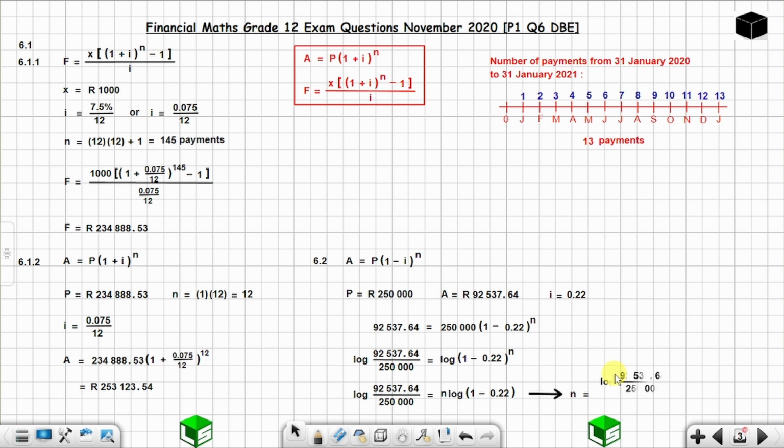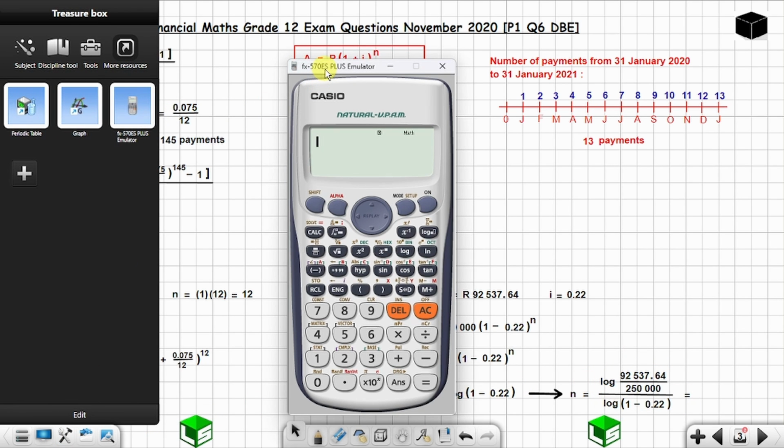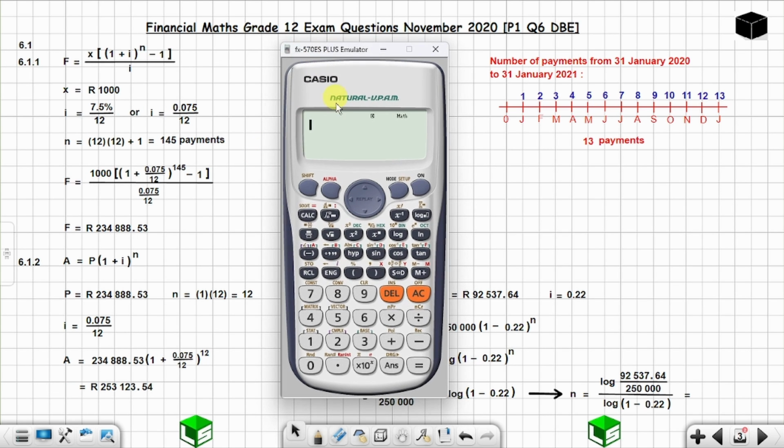So this is equal to, plug this in your calculator. I hope you can follow. So 4 years.